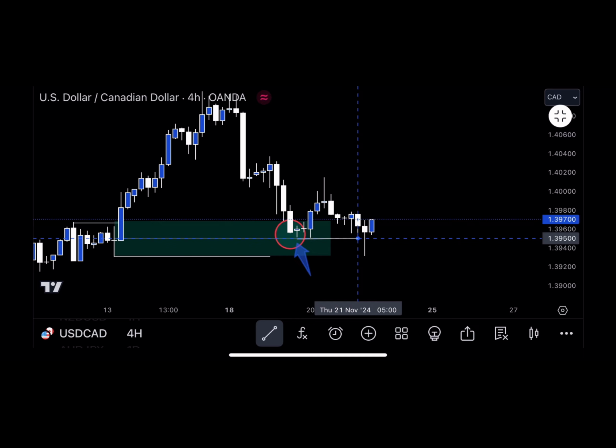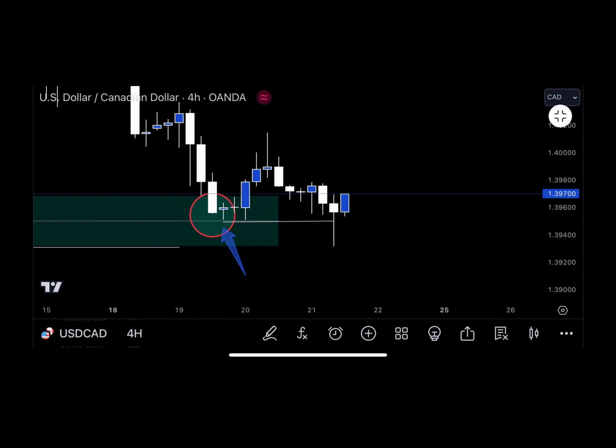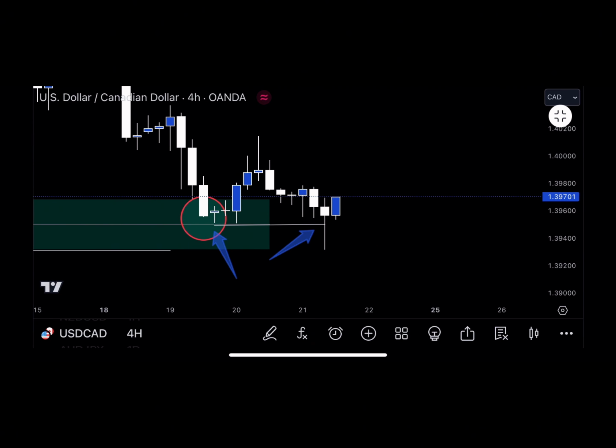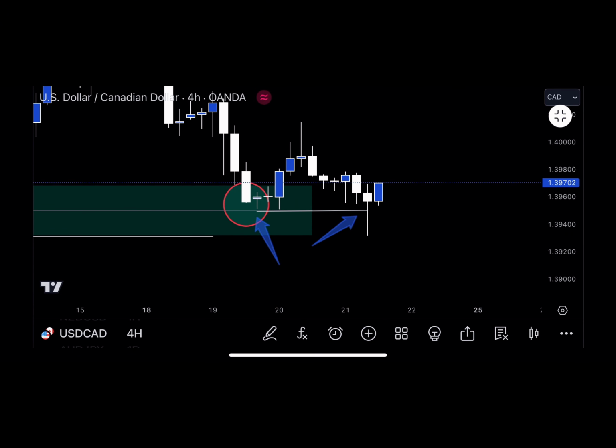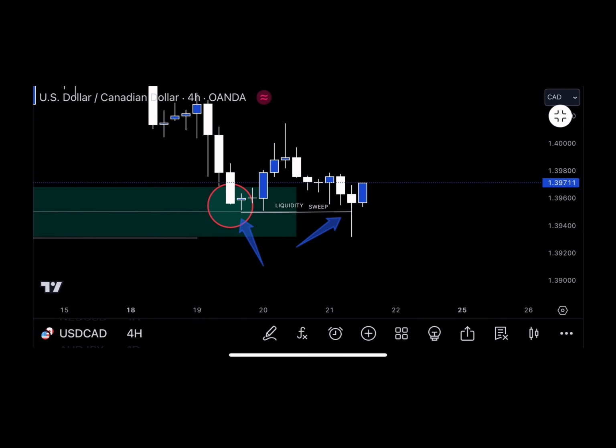So let me mark it down. Took out this liquidity here, this here, cleared it, and the candlestick didn't close below it. As you can see, it didn't close below it, showing a clear liquidity grab here, as we all can see.